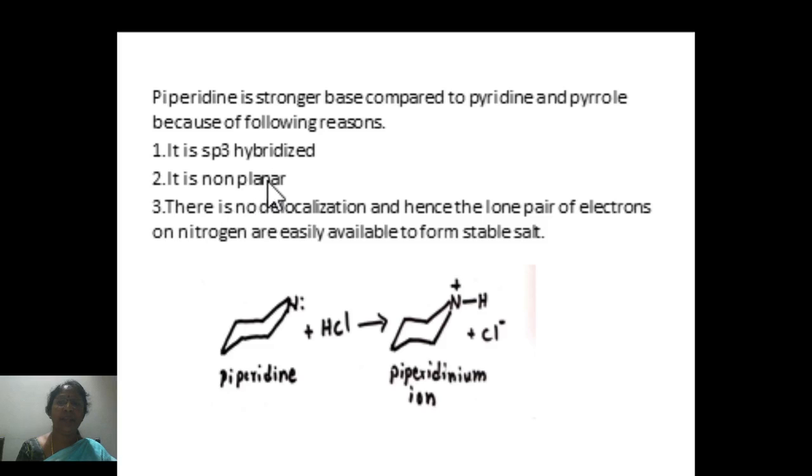It is a non-planar structure and there is no delocalization of electrons. So therefore, this nitrogen can easily use this lone pair of electrons for protonation and easily form a very stable piperidinium ion. Therefore, this is the stronger base compared to pyrrole and pyridine.